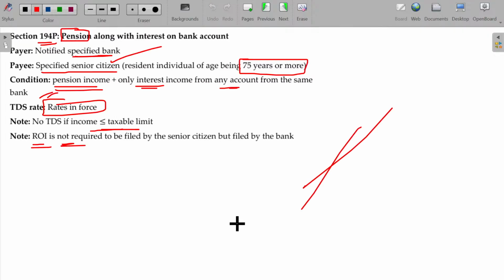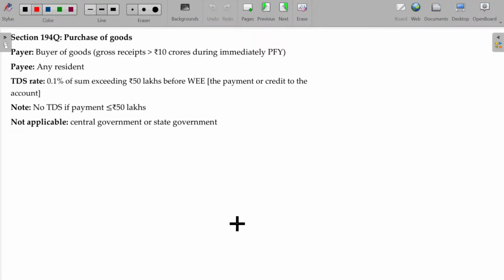Now, 194 Q. In case of 194 Q, A and B. A sells the goods to B. For that, B makes a payment.